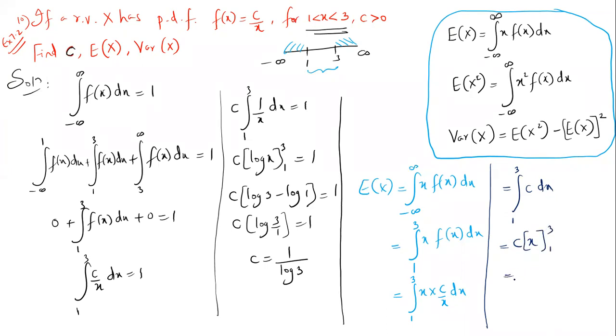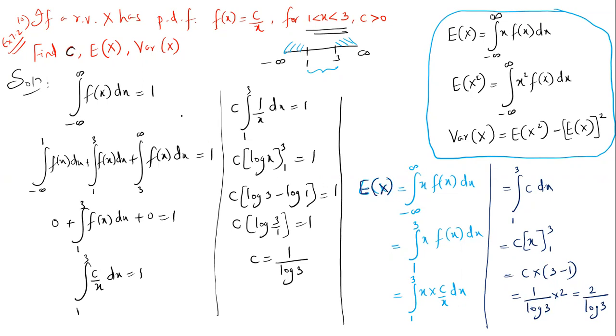Then the upper limit minus the lower limit. The value of c is 1 by log 3 into 2, and finally you get 2 upon log 3. So the answer that you get is E(x) is 2 upon log 3.